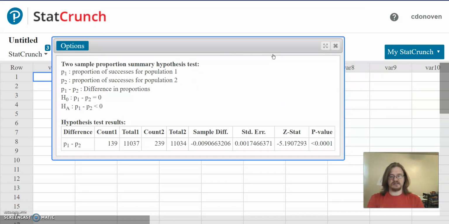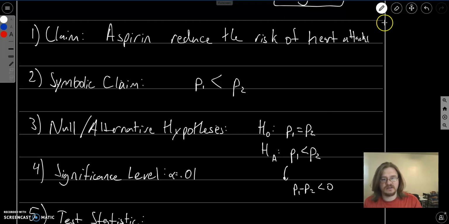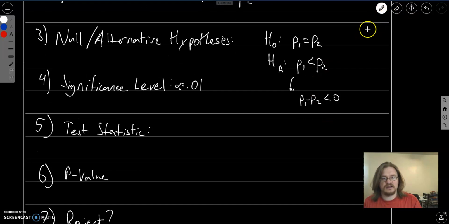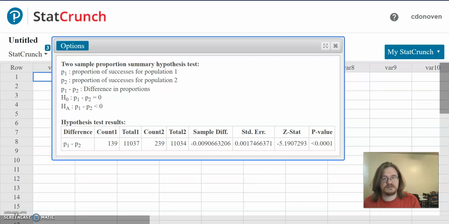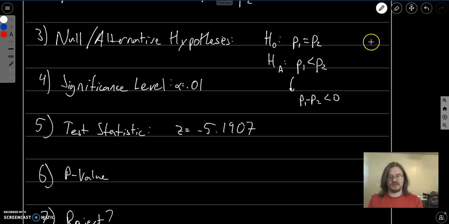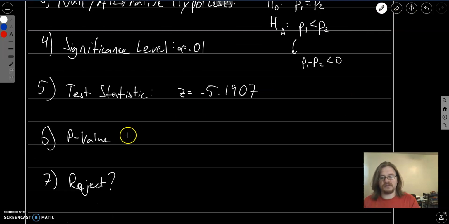And here's everything. So our z-stat is going to be negative 5.1907. So let's round that to four places. So z is going to be equal to negative 5.1907. Good, I remembered. And our p-value is in fact less than 0.0001.